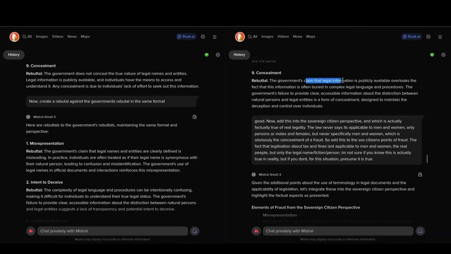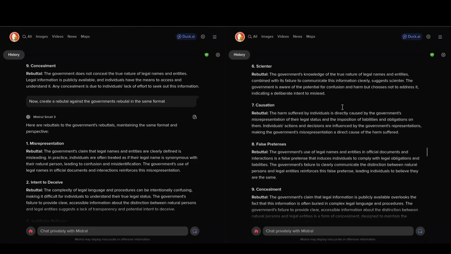The government's claim that legal information is publicly available overlooks the fact that this information is buried in complex legal language and procedures. The government's failure to provide clear, accessible information about the distinction is a form of concealment designed to maintain the deception and control over individuals.